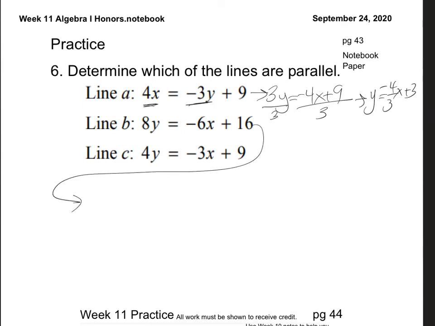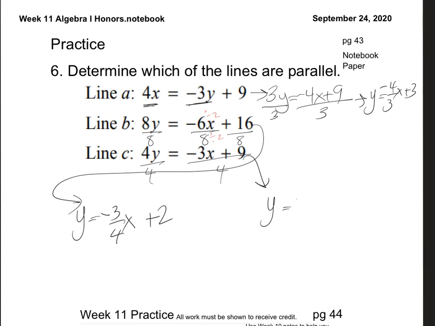For line B, I'm going to just divide by 8. So y is going to equal negative 6/8, which reduces to negative 3/4. 16/8 reduces to 2. And then for line C, I'm going to divide by 4. y is going to equal negative 3/4 x plus 9/4.